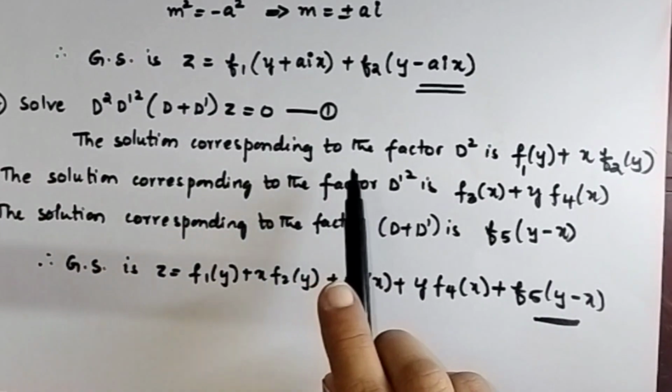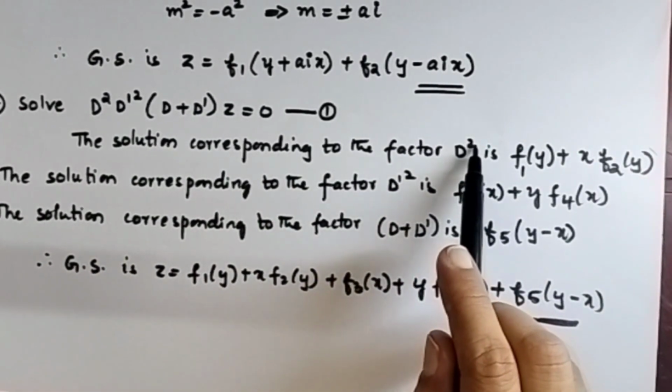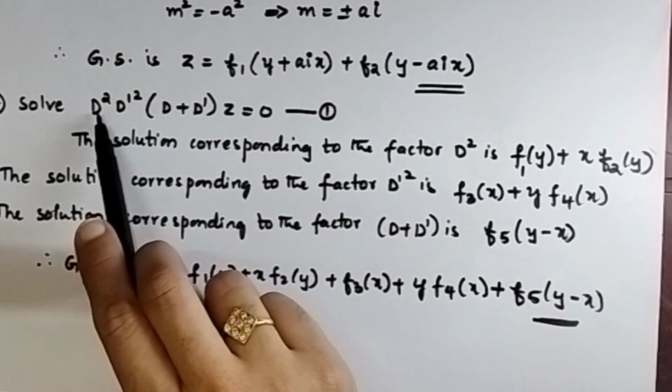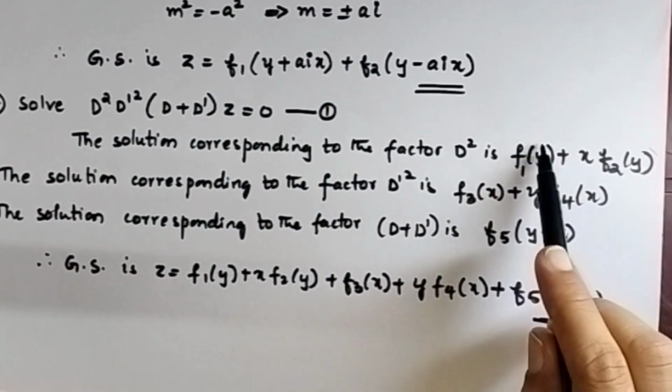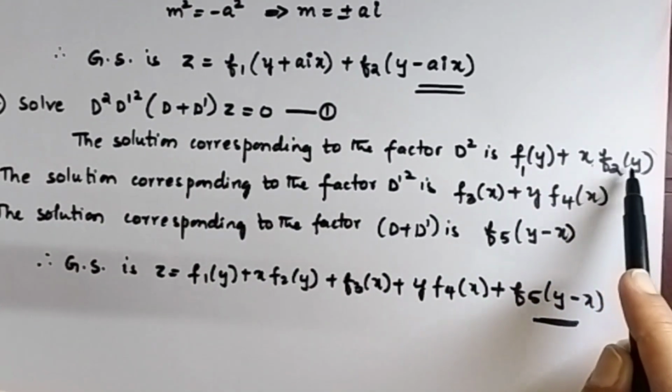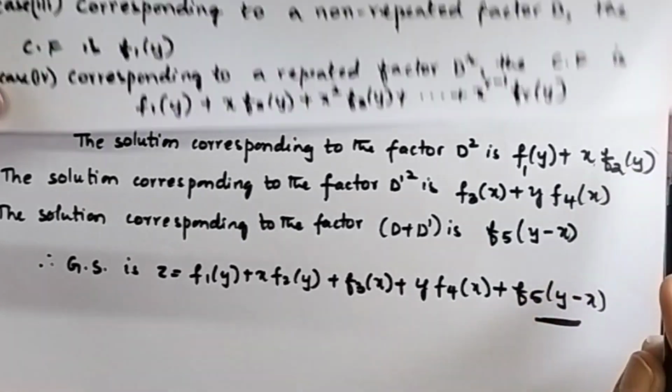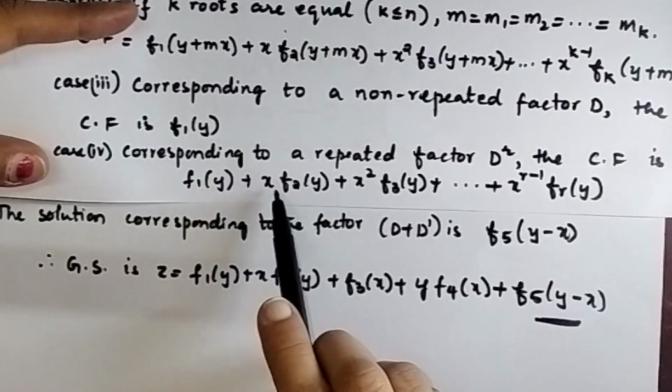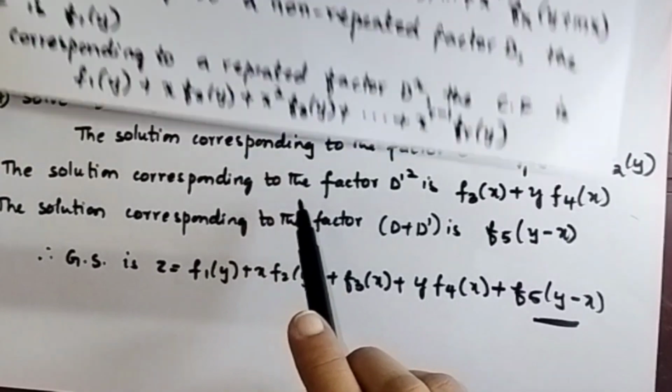Therefore, the solution corresponding to the factor D² is, because it is a repeated factor, f1 of y + x into f2 of y. Same as this.